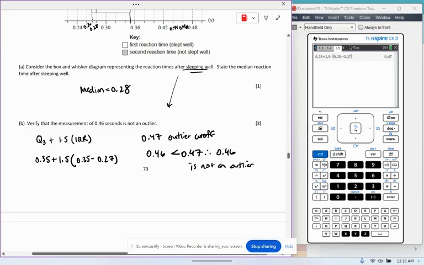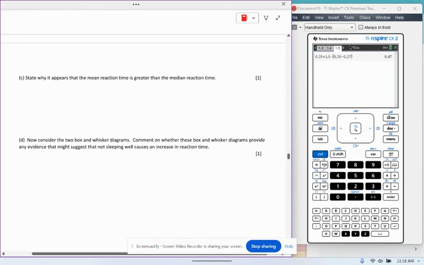Cool. Part C: it appears that the mean reaction time is greater than the median reaction time. This is asking about your knowledge of stats.